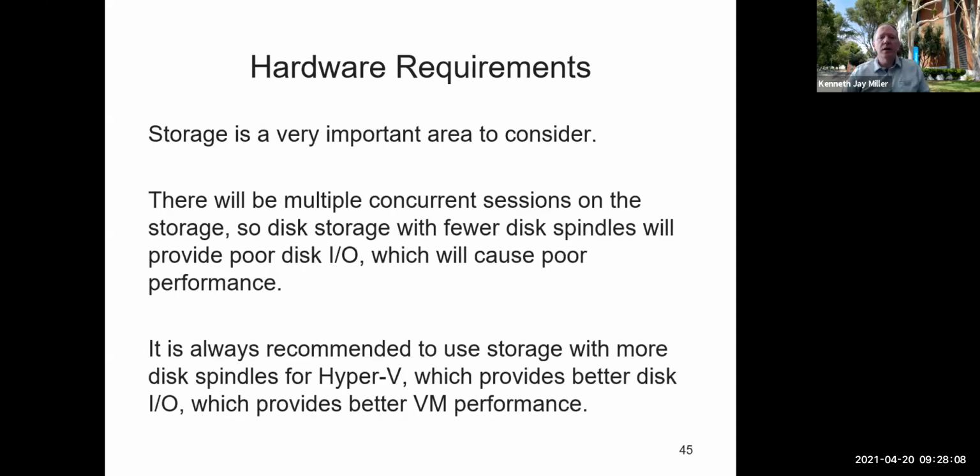Now, other storage requirements that we need to be concerned about is the hard drive capacity. Now, one major difference between Hyper-V and VMware's ESXi is that Hyper-V can and does run on the same volume that our virtual machines are stored on.